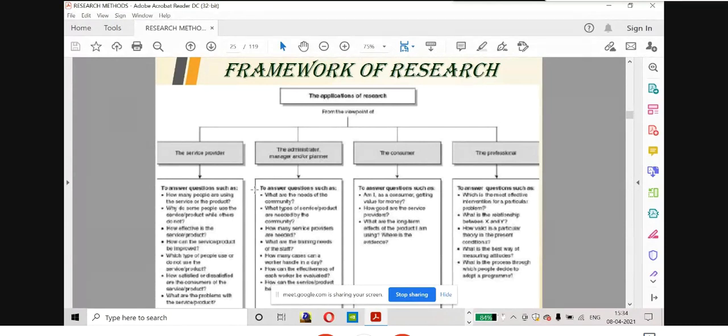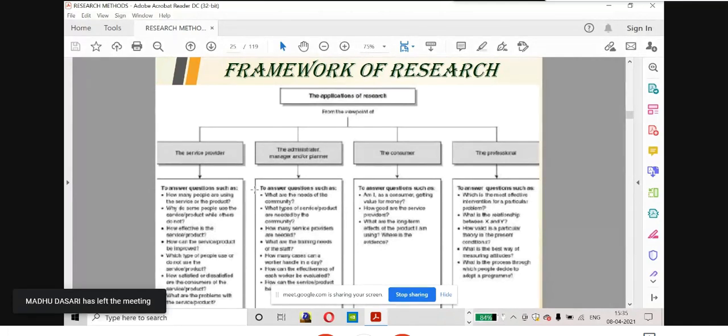You can get an idea. You are a service provider, but when you do certain research and give a product, the people who are going to receive or take the product, who are called the stakeholders, look into these things, and your product or your service or you yourself have to provide answers to these questions.